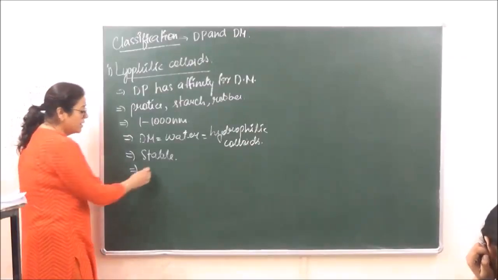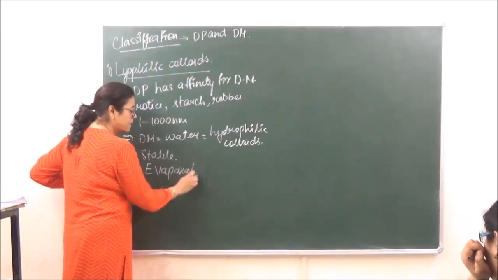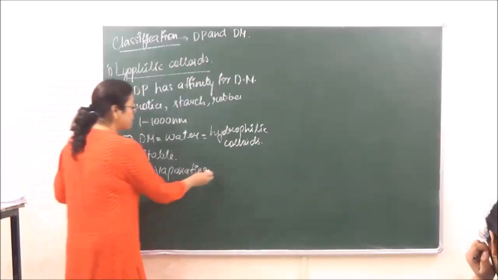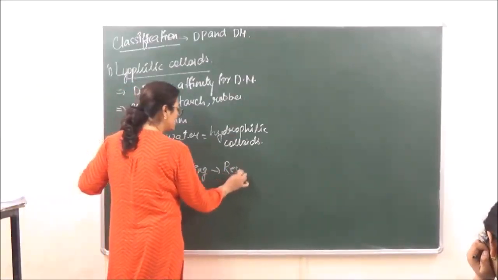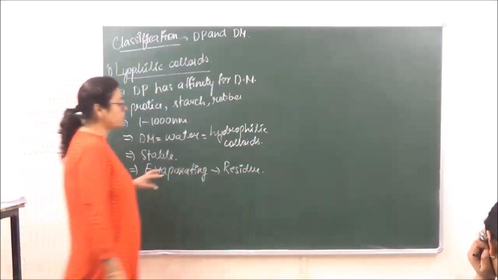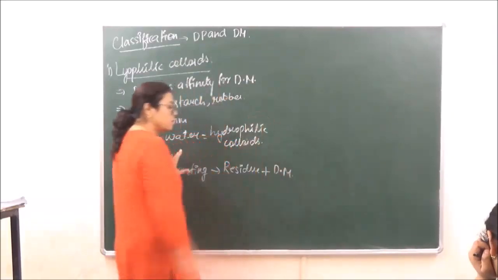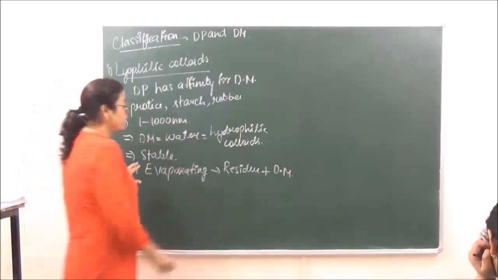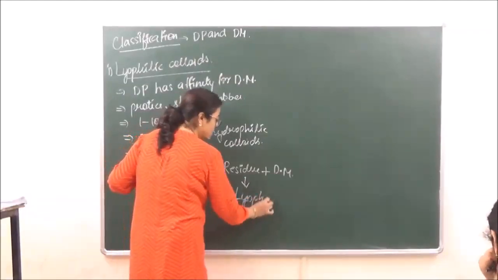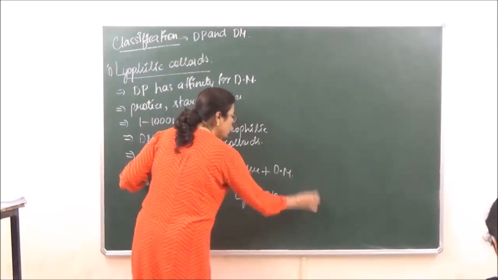Then thirdly, if we are evaporating the lyophilic colloids, what is going to happen? We are going to get a residue. Okay? Now if this residue is again put in the dispersion medium, it is going to yield back the lyophilic colloid.